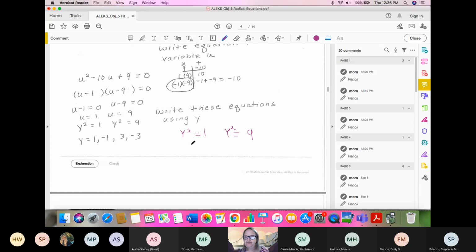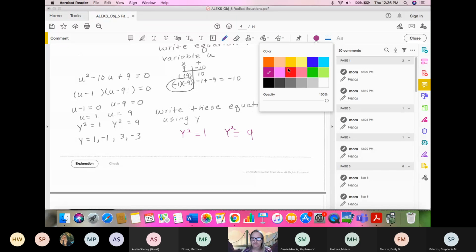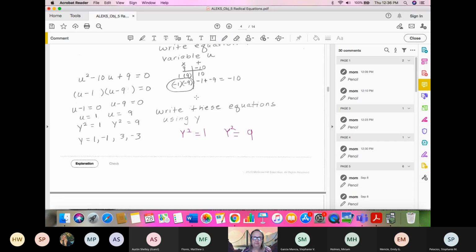What's the opposite of squaring? Can anybody tell me what process is the opposite of squaring? Square root, exactly, square root. So we want to take the square root of these. I'll just get a different color here so we can do that. So we want to take the square root of both sides.